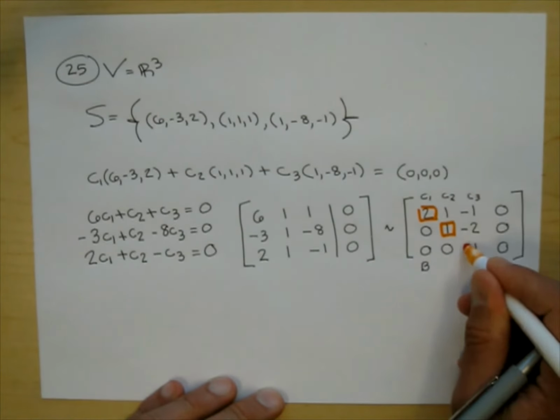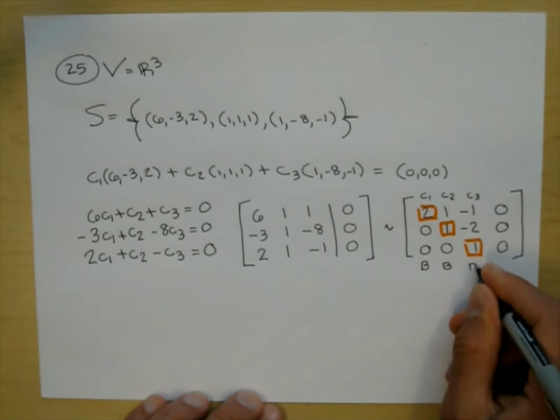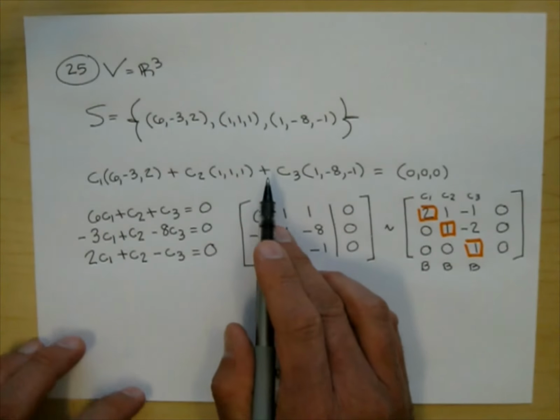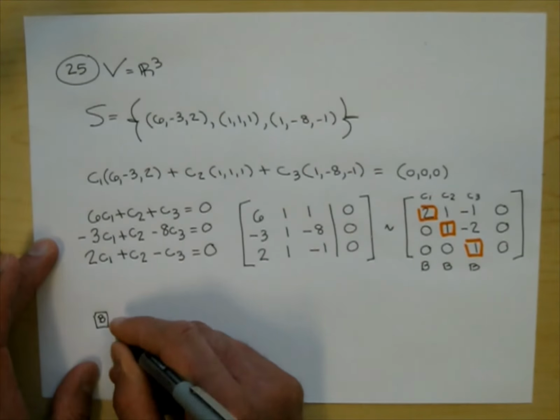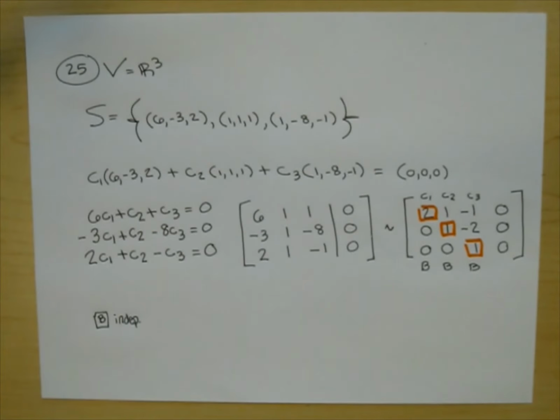C2 is bound and C3 is bound. So they're all bound, which means there's no dead weight there. So for part B, we say that this is going to be independent. Okay, we have no dead weight.